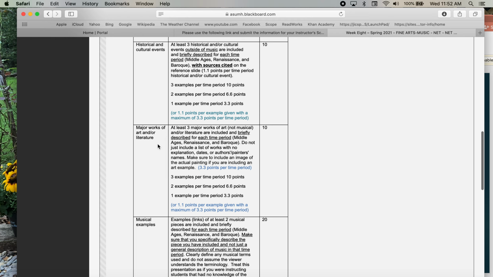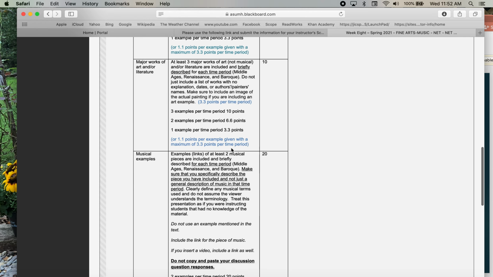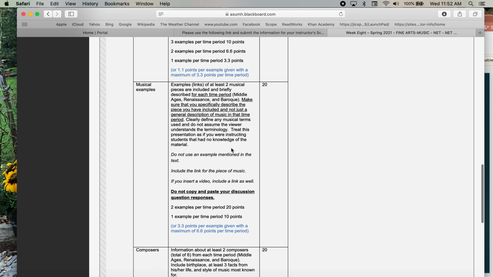Major works of art and or literature, at least 3. This is outside of music. Again, briefly described. Don't just write me a list. And of course, you're going to include images. Like I said, make this interesting and instructive. If you are referring to a piece of art, then put the image of the piece of art. Musical examples, at least 2.